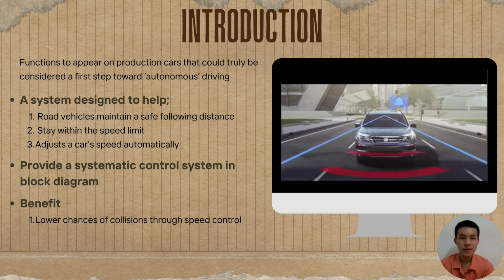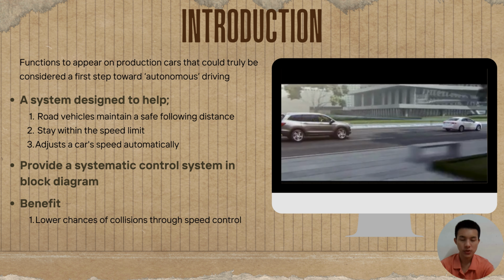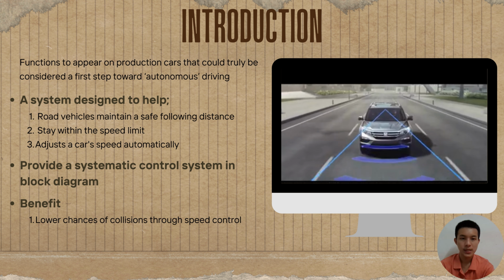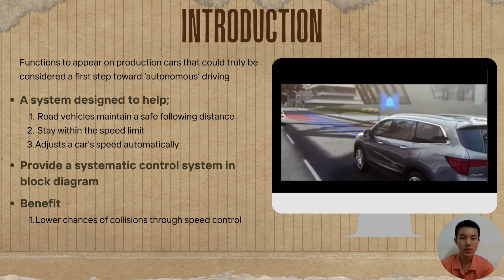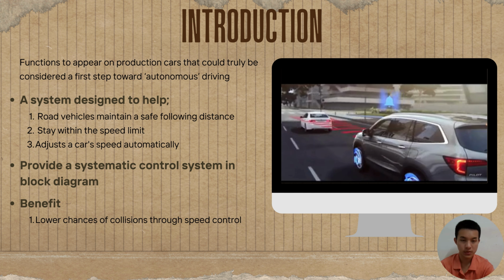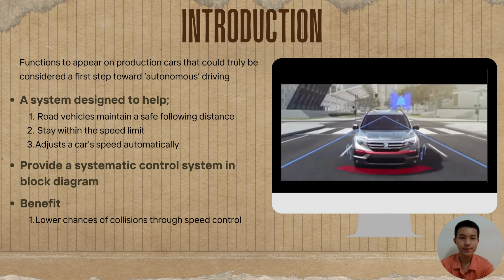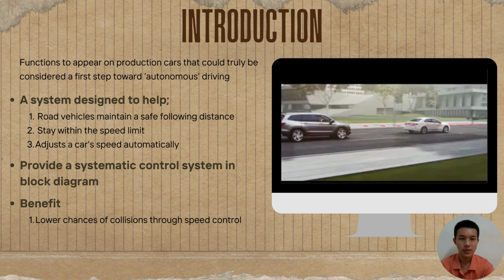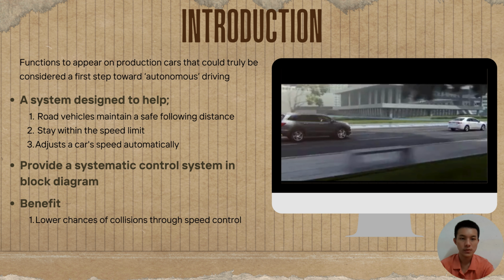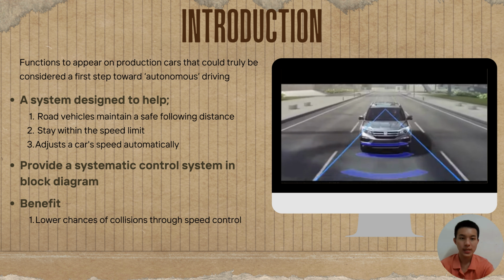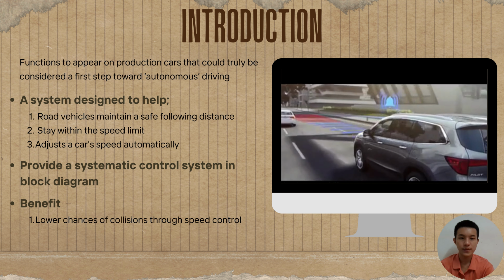As you can see in the animation of this short video, this is the virtual way to show how the adaptive cruise control uses radar waves to detect the object in front of the car.